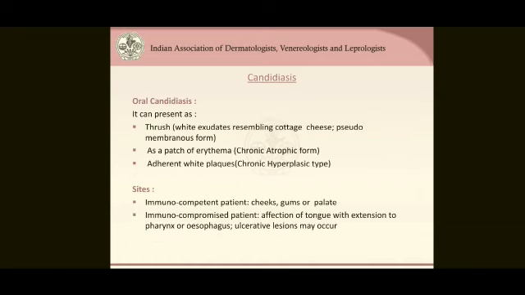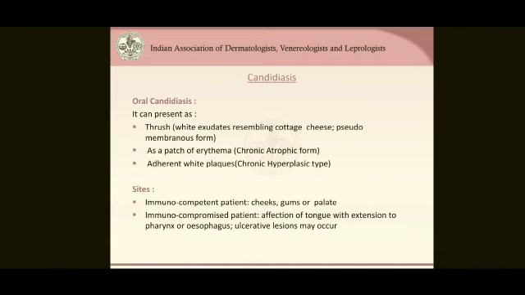Oral candidiasis presents as oral thrush, nothing but white exudates resembling cottage cheese, or the pseudomembranous form. In case of the chronic atrophic form, it presents as a patch of erythema. Whereas in the chronic hyperplastic type, it presents as adherent white plaques.